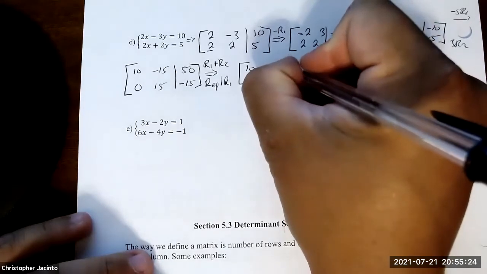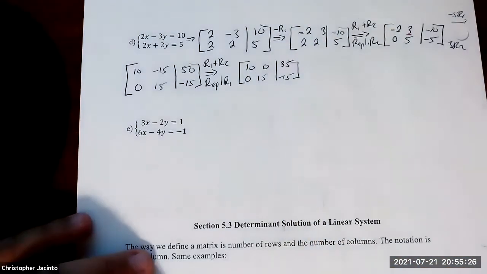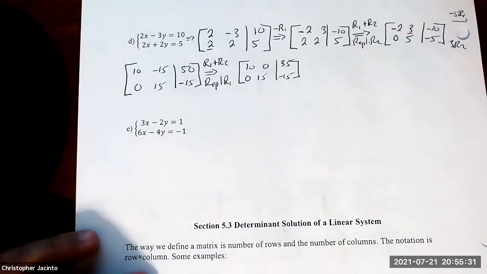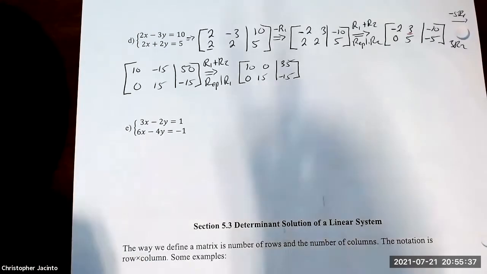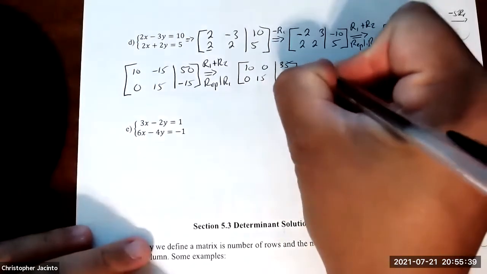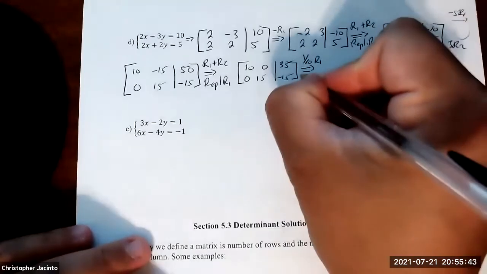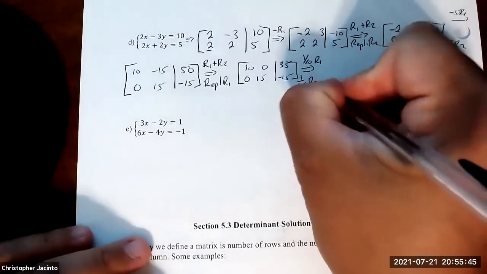Yeah, 35, right? Am I off there? I think so. Right? And now, the last step, divide by 1/10 to row 1, and 1/15 to row 2.